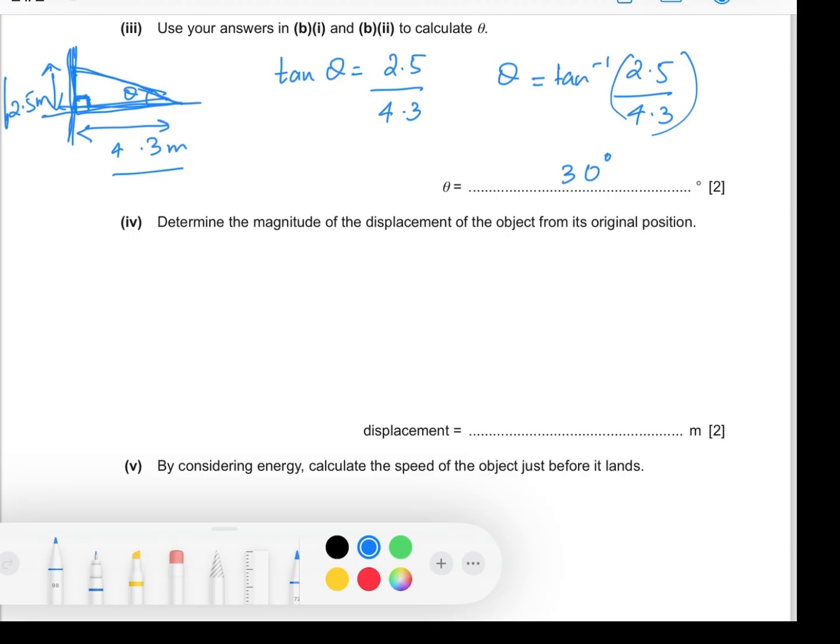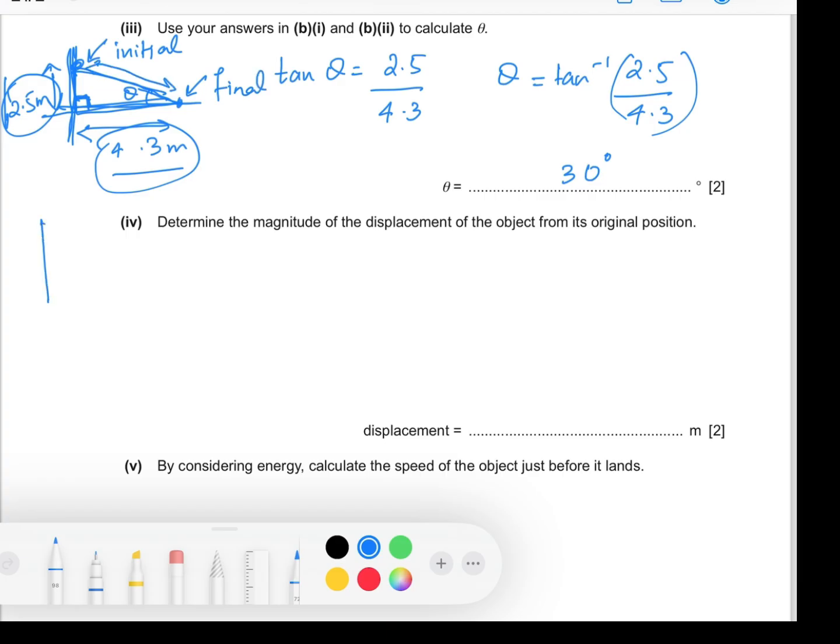Part 4 asks you to determine the magnitude of displacement of the object from its original to final position. So the object starts from, let's say it starts here initially, and finally when it has covered a vertical distance of 2.5 meters and a horizontal distance of 4.3 meter, it will reach this point over here, and you're supposed to find this length.